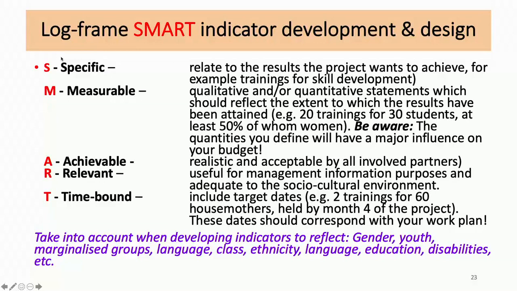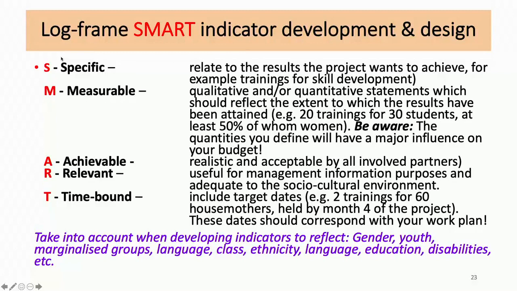For example, 20 trainings for 30 students, at least 50% being women. Be aware, the quantities you define will have a major influence on your budget. So we can have very nice indicators, but we also need to consider the cost of measuring those indicators.